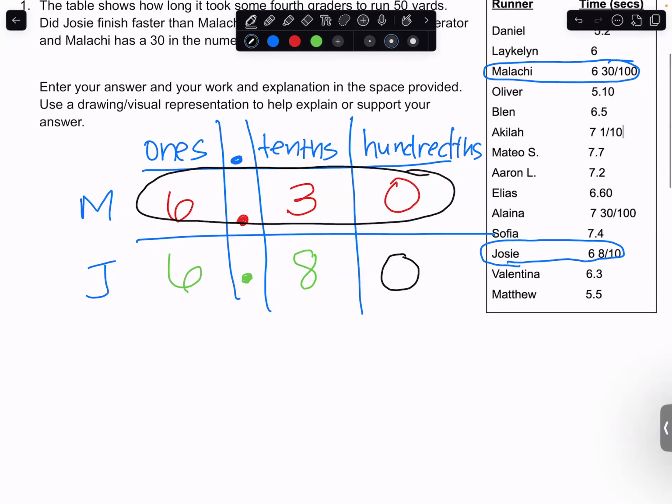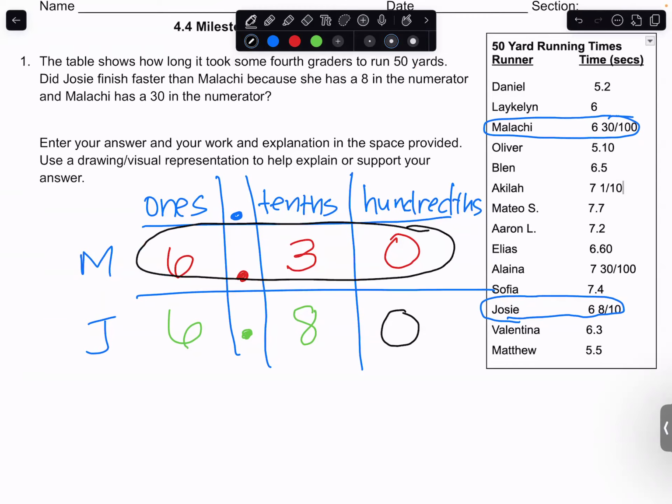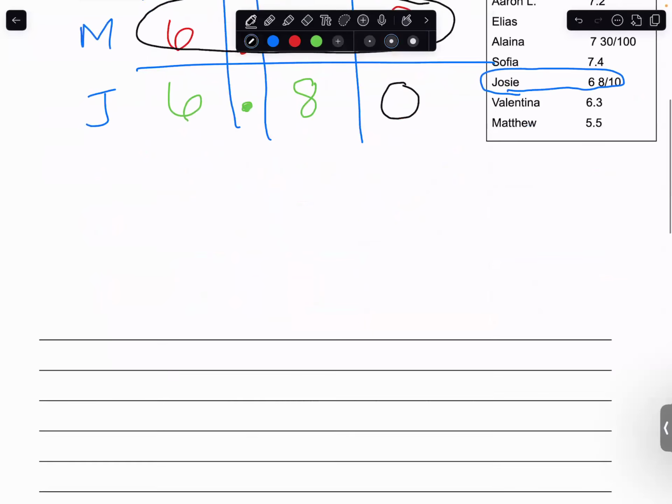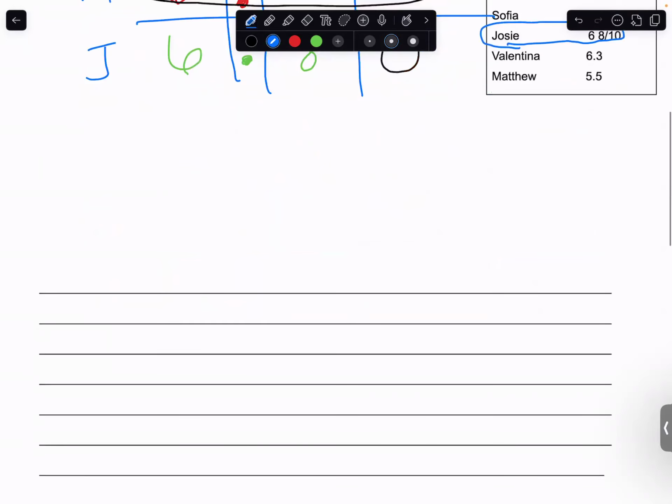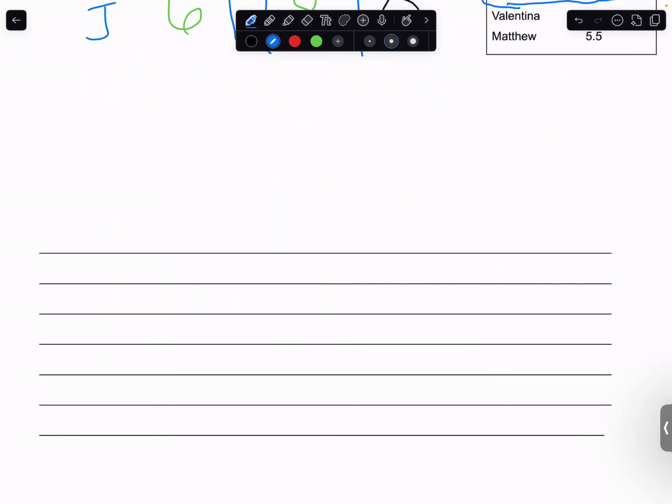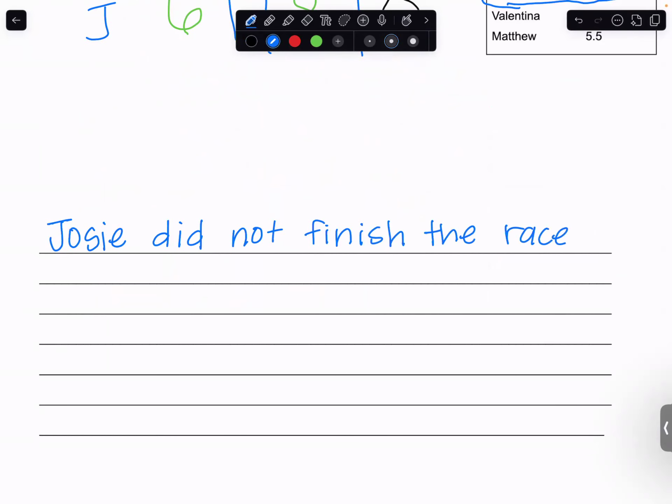We know that 8 tenths is also equal to 80 hundredths. So let's go ahead and write over here. Josie, in fact, did not finish the race faster than Malachi.